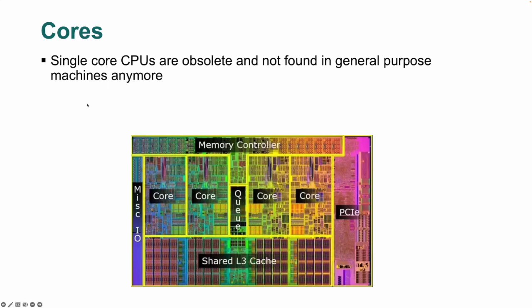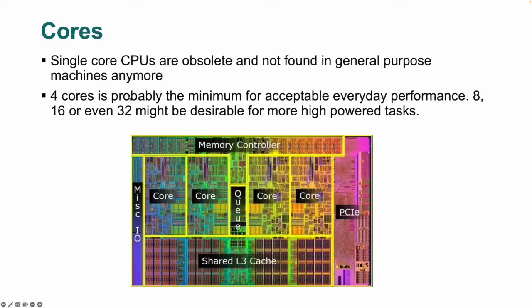Single-core CPUs are obsolete. You don't get them anymore, at least you would not find them in a modern general-purpose machine. In terms of how many cores you need, I think 4 cores is probably the minimum that would be considered acceptable, although apparently dual-core, 2-core machines do still exist. Yes, you want 4 cores as a minimum, but if you're doing something a little bit more computationally intensive, you probably want 8 cores, 16 cores, or maybe even 32, or possibly more.